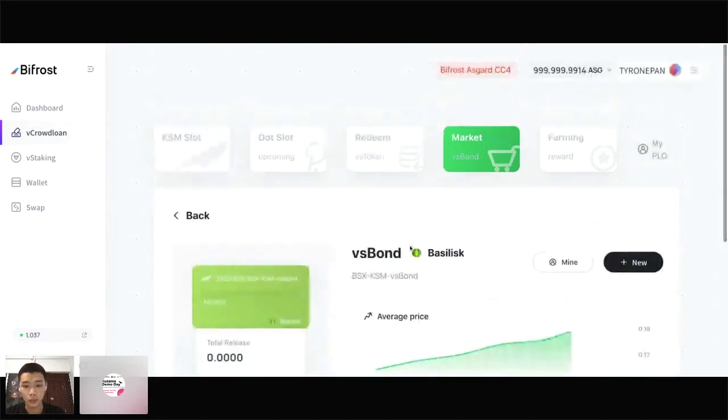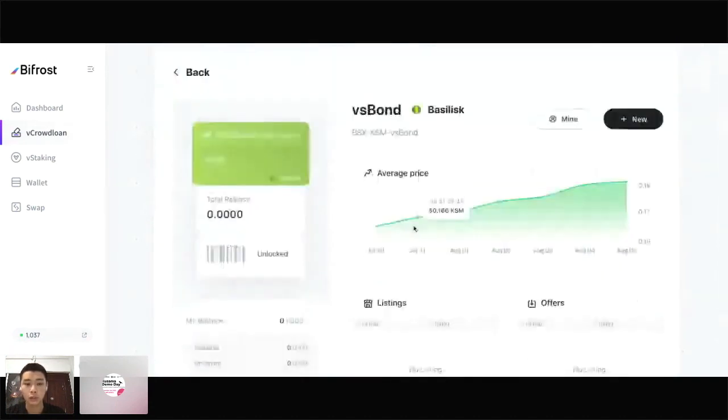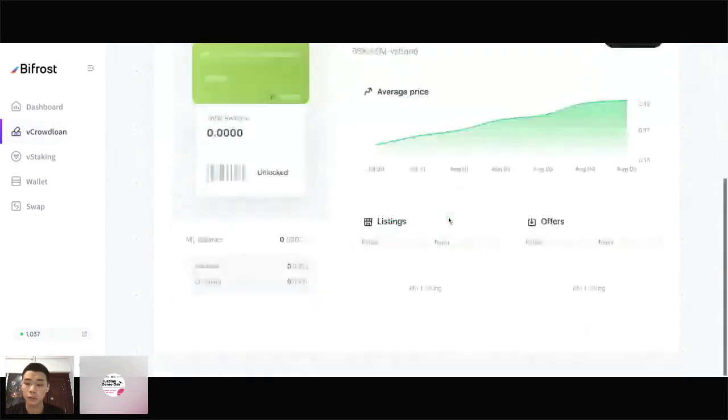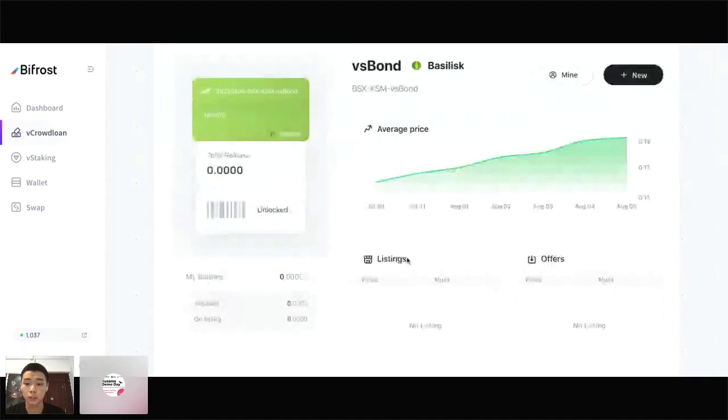And if you click on it, we can jump into the VS Bond market, and that's the pending order market. You can list your VS Bond, or you can make an offer if you want to buy some VS Bond on the market.